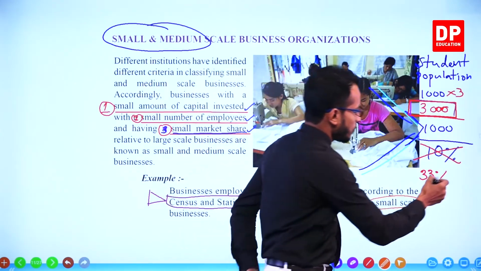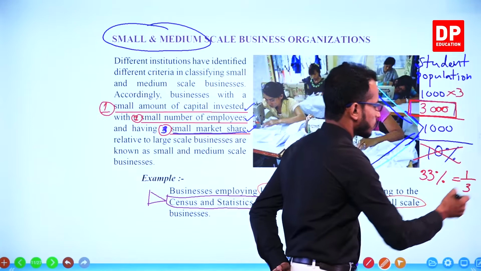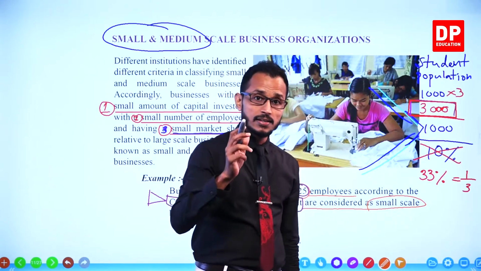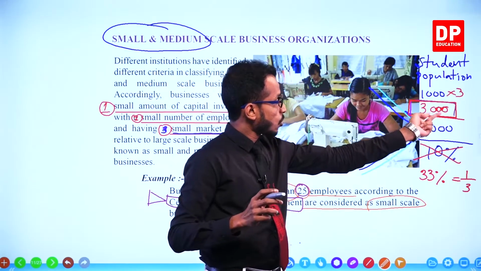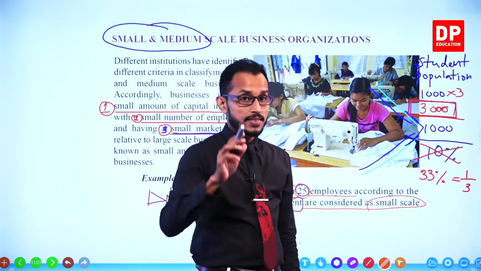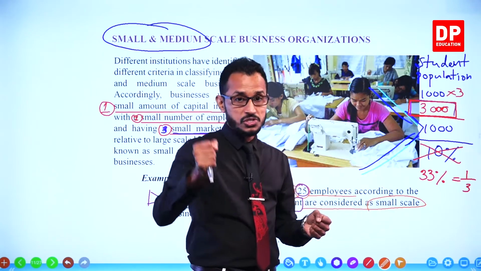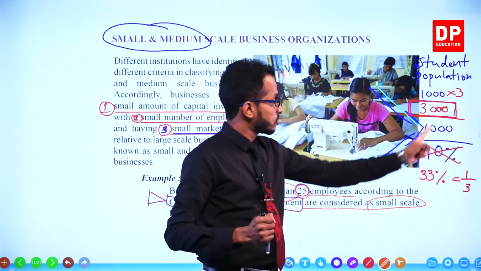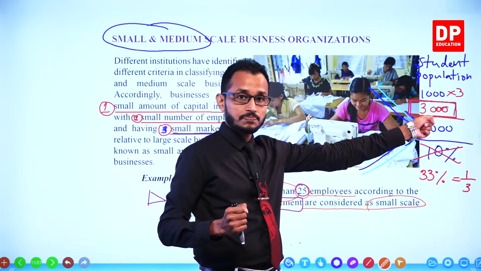Okay, that means 1/3 of the total requirement you are providing. That is influential. That means you can influence this market.